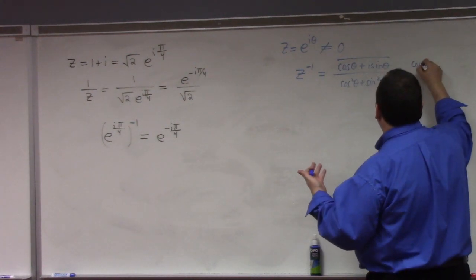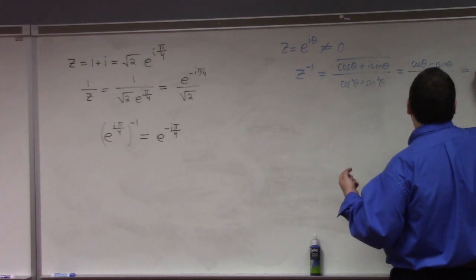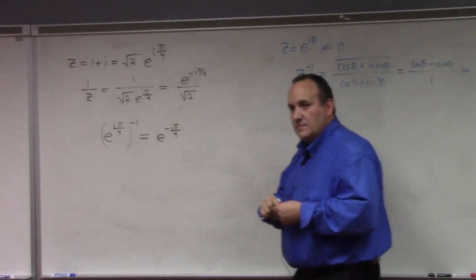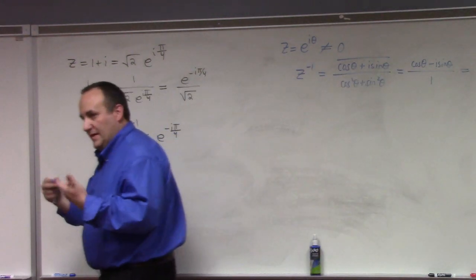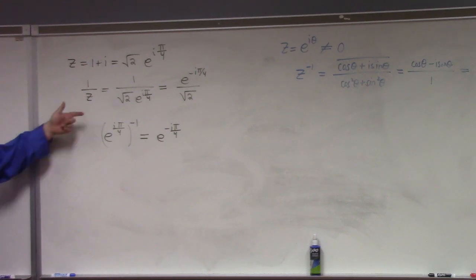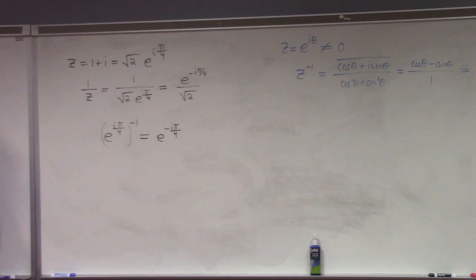Upstairs, you get cosine theta minus i sine theta over 1, also known as e to the minus i theta, using the fact that cosine is even and sine is odd to pull the minus in appropriately. So that proves this calculation. That's why I was able to go from here to here. So we know what the inverse is.